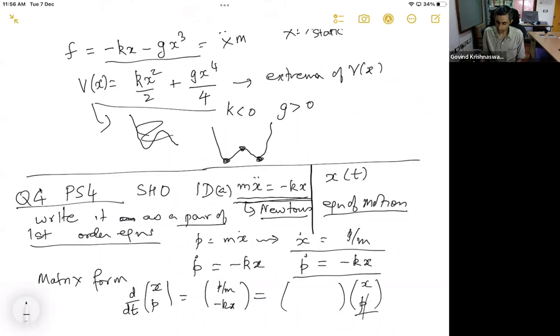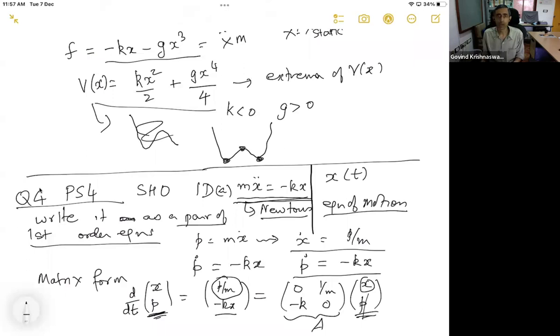We maintain the same order, x p here, x p there. Since the first entry is p upon m, there is no multiplication by x. There is only a multiplication of 1 upon m by p. The second row, you have p dot, and that's minus kx. So here there has to be a minus k and then a 0 here. So this is the coefficient matrix A. That is how you identify it.